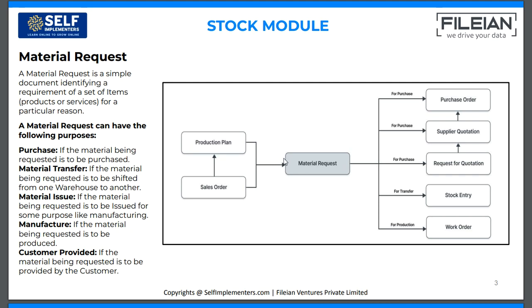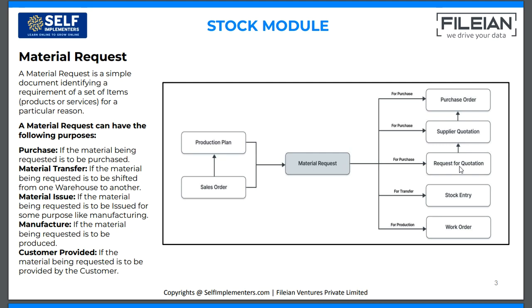If some of the raw material falls short for the production, then we will generate a material request from the production plan for the raw material. That material request gets converted into a request for quotation.